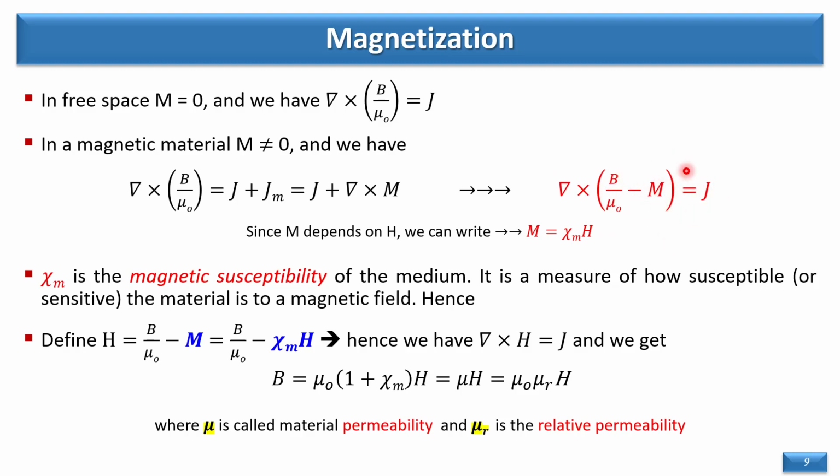Remember that M is the magnetization, or the magnetic dipole effect, which is proportional to the applied magnetic field.